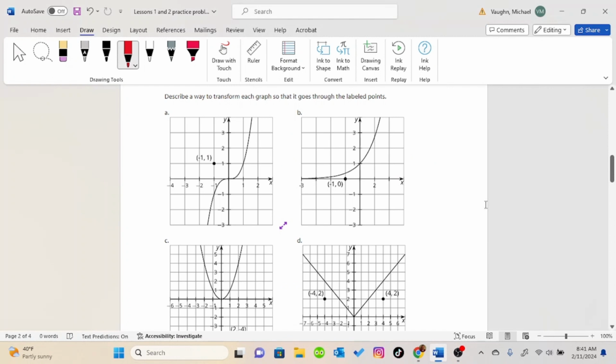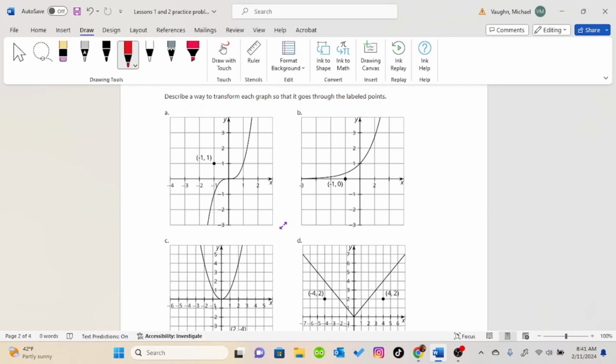Describe a way to transform each graph so that it goes through the labeled points. Now, when you're trying to describe these transformations, most of the time there are several ways that you could describe it. A is a really good one.